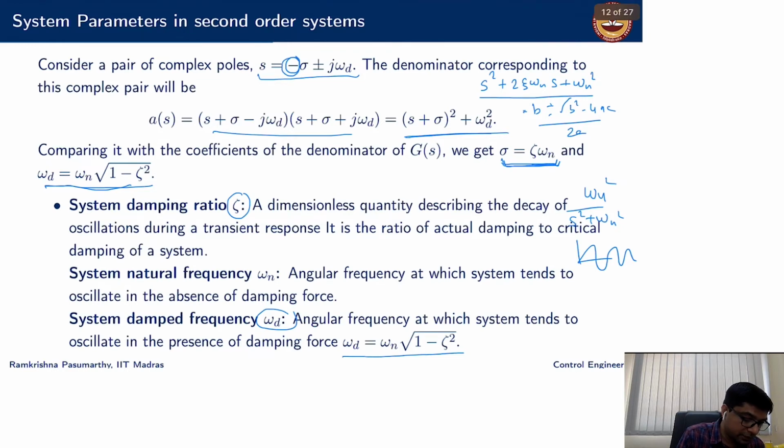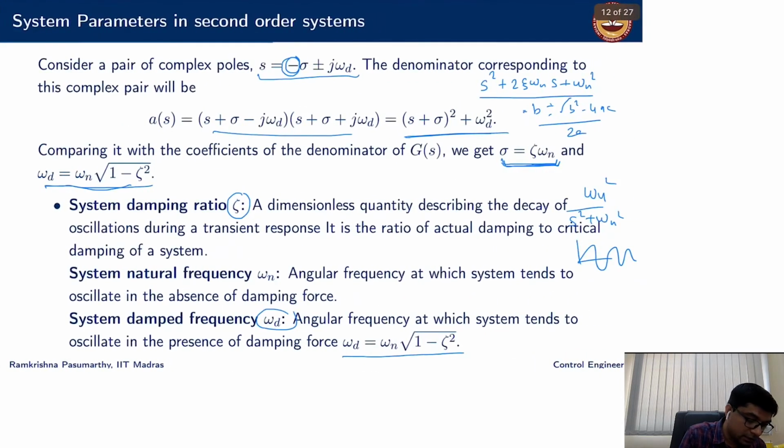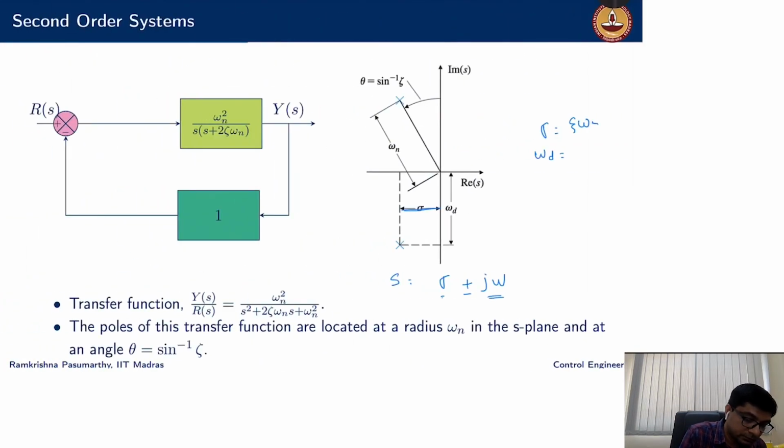So this value of sigma will be zeta omega n. I have a quantity called omega d, which will now just be, again from the solution of equations, omega n times the square root of 1 minus zeta square.